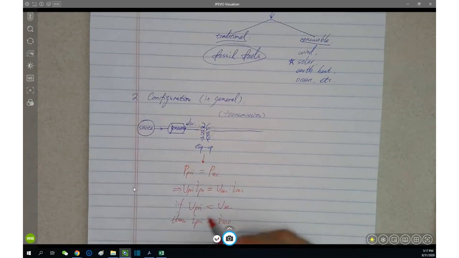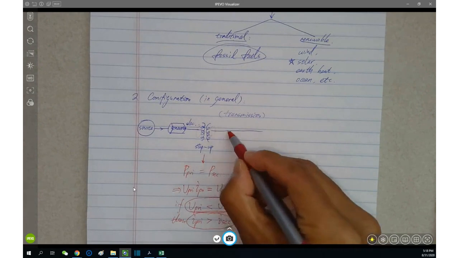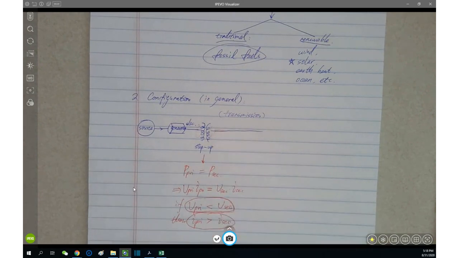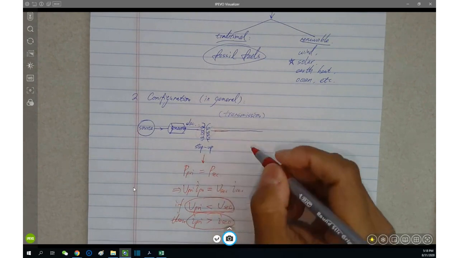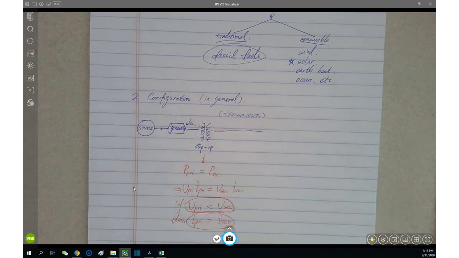What it means is, if you increase the voltage, you're going to reduce the current on the secondary side. The reduced current on the secondary side is what is really to be transmitted, right?